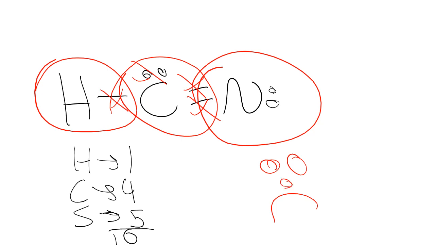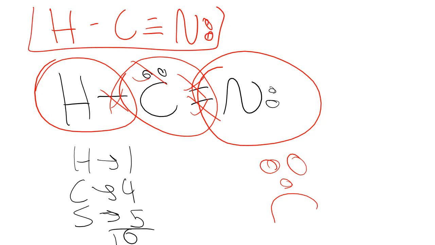And so that's not going to be a compound that forms, as nitrogen will pull over 2 electrons, and it will be HCN. And this is one of the favorite electron structures.